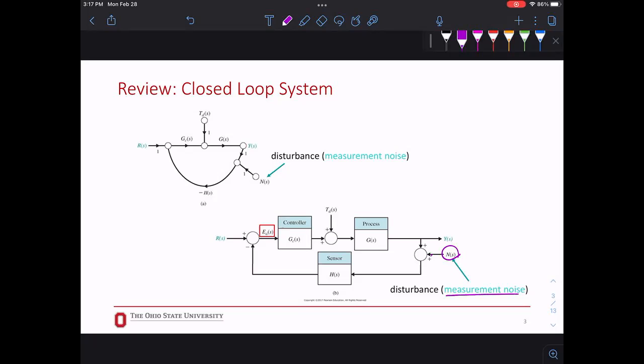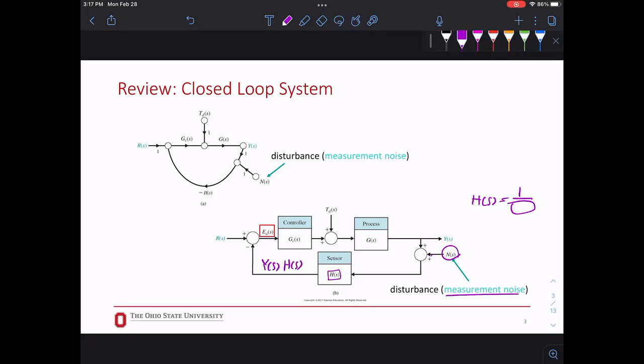Yes. So why do we give a value of 1? So this is H of S, right? This is a sensor. So let's say the transfer function H of S is 1 over something, right? And this is basically like, hey, this sensor can show me, so this signal is Y(S) times H(S).